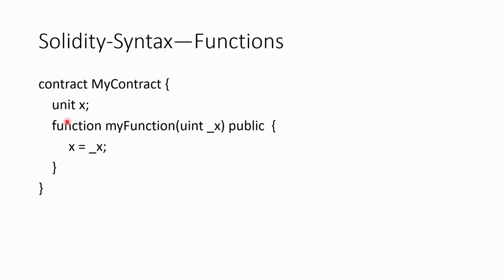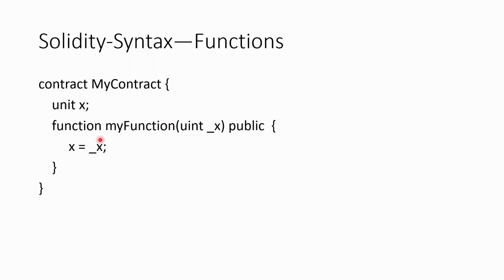Then how will you define a function? You will define a function using the function keyword followed by the name of the function, then followed by the parenthesized list of parameters. Apart from that, you should also specify the access specifier for the function. Here public means that anybody can call this function. That is, other functions within this contract as well as people or addresses from outside this contract can also invoke this function.